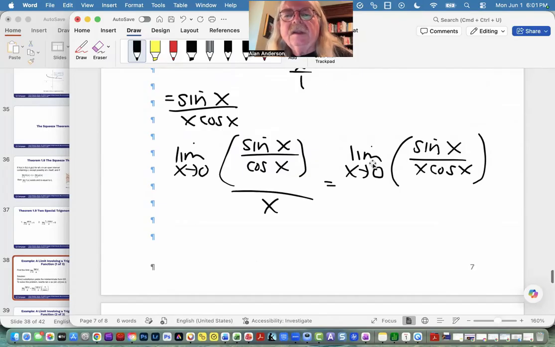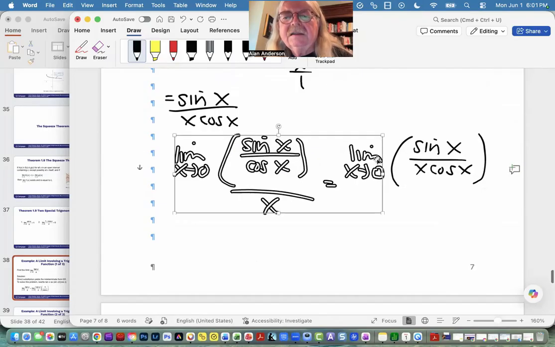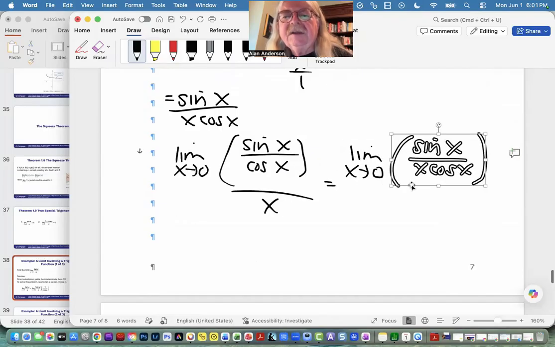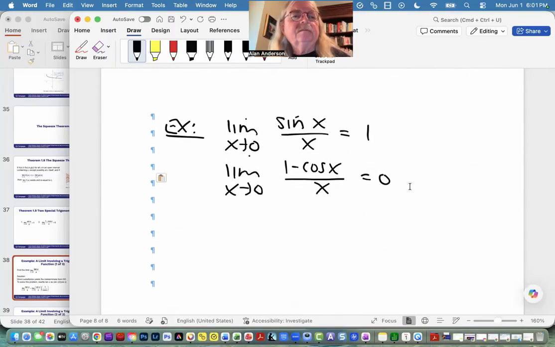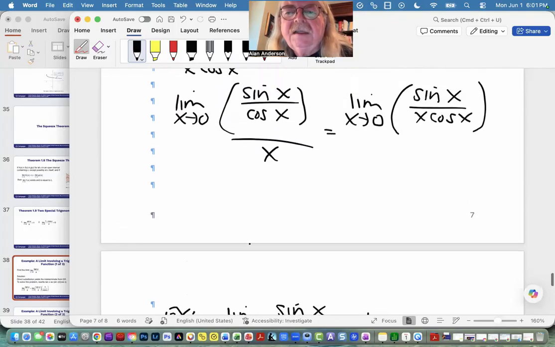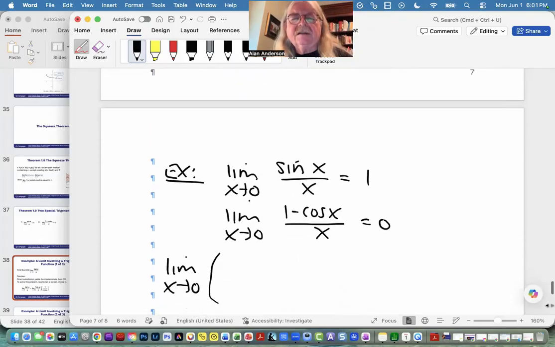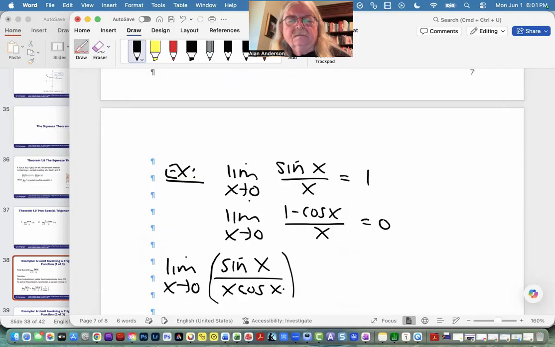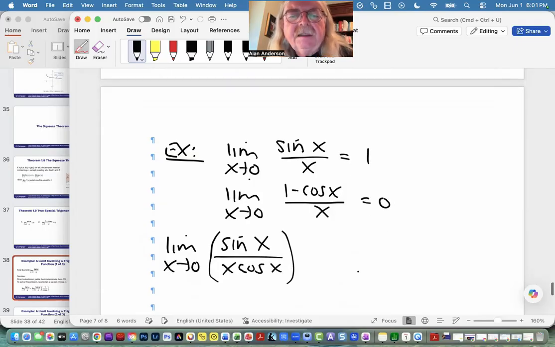All right, so this, whoops, what do we have here? Limit x goes to 0 of sine x over x cosine x. Let's see.